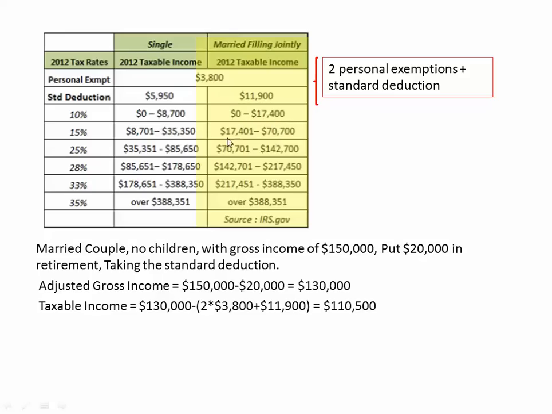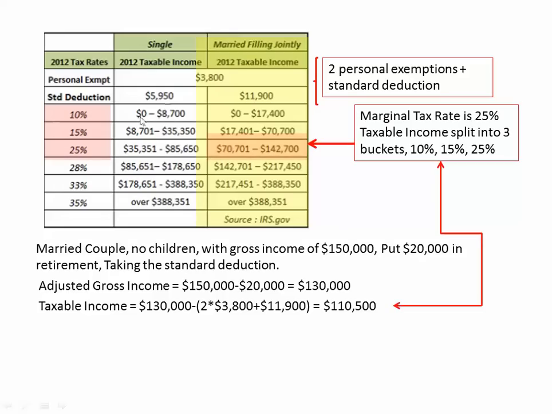The amount between 17,401 and 70,700, if you find this difference, is taxed at 15%. And the remainder of their income, from the 70,700 to the 110,500, is taxed at 25%. So we have a marginal tax rate of 25%, but their taxable income is split into three buckets: a 10% bucket, a 15% bucket, and a 25% bucket.